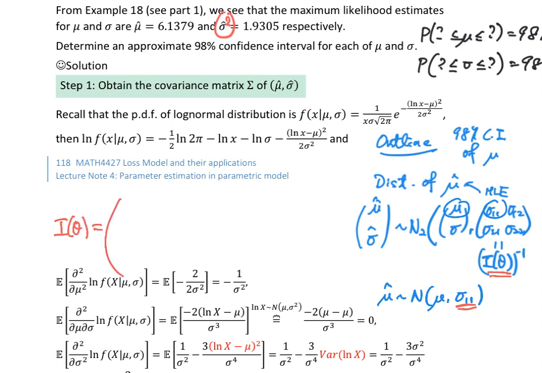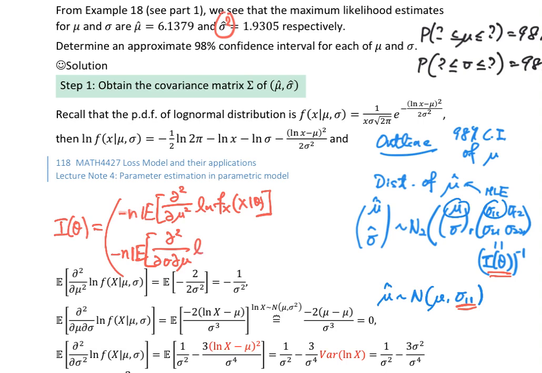Your I theta will be equal to the matrix of this thing, which is the expected value of the second derivative of the log of your distribution function.